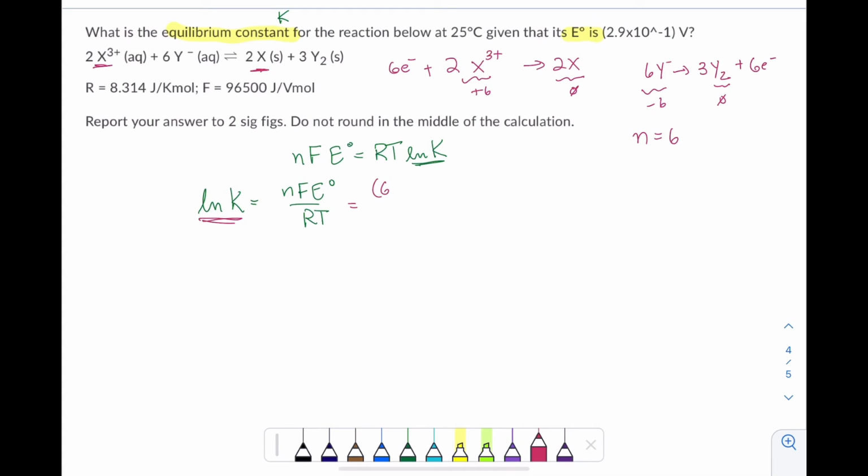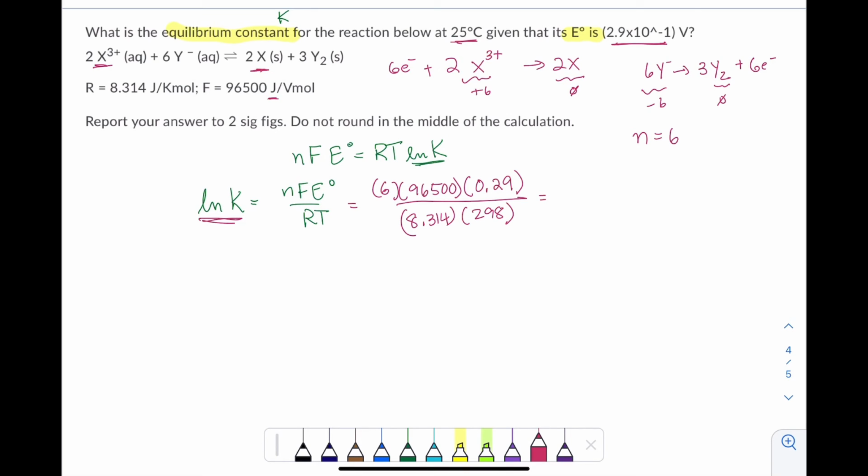So plugging and chugging at this point, n is 6 times my 96,500, that's in joules, times my E naught, 2.9 times 10 to the minus 1, that's 0.29, divided by R, which is 8.314, that is also in joules, that's good. I'm at 25 degrees Celsius, which is 298 Kelvin.